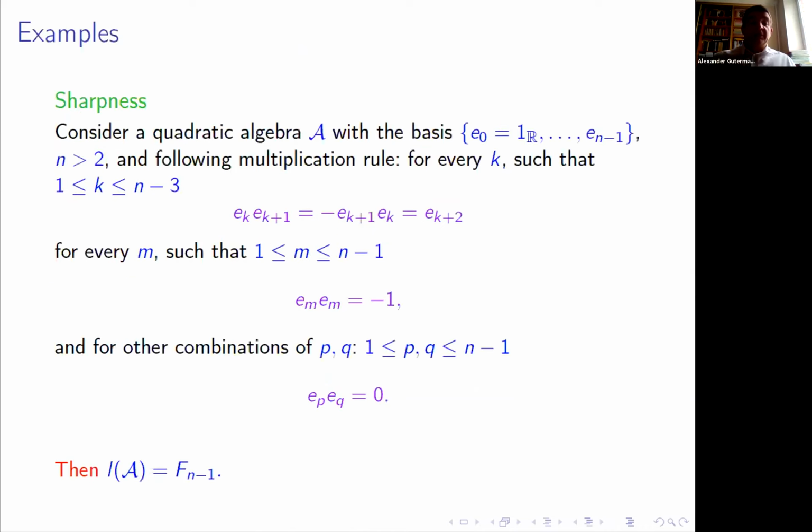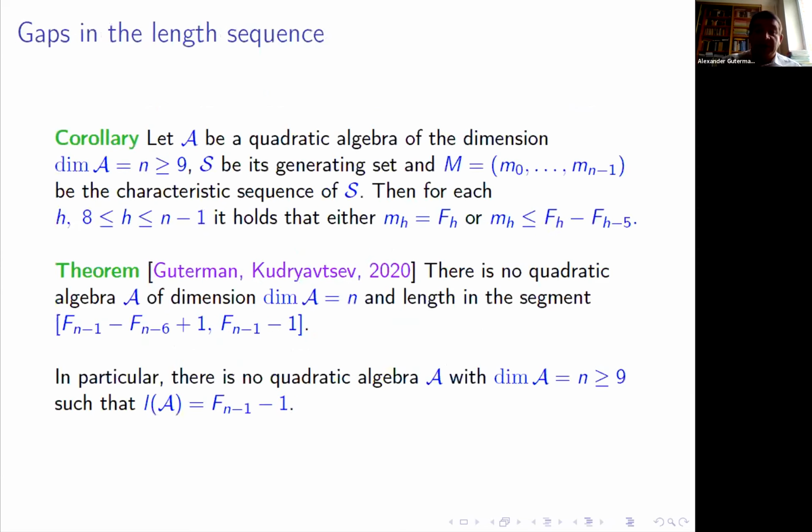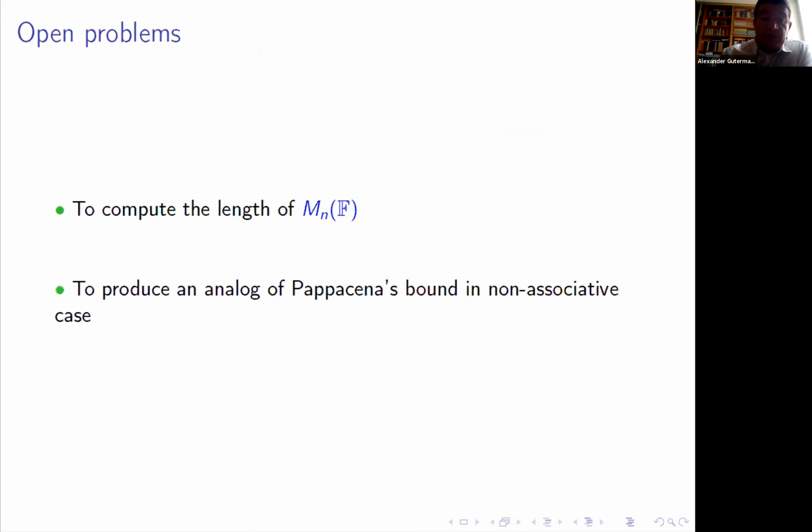And say for cubic algebras, we don't have such a bound. I will skip some details on feasibility of algebras, but I just would like to finish with the following two problems, which have in fact been standing for considerable time.